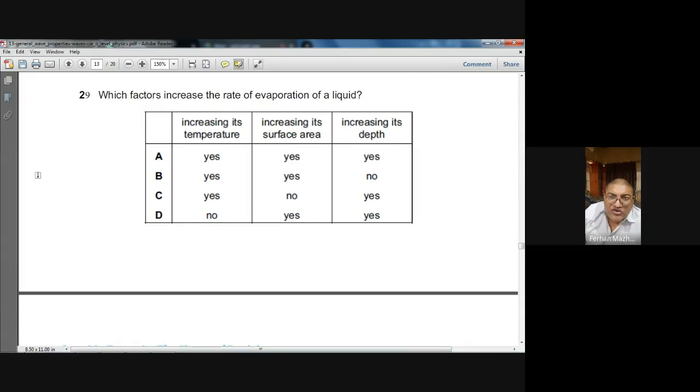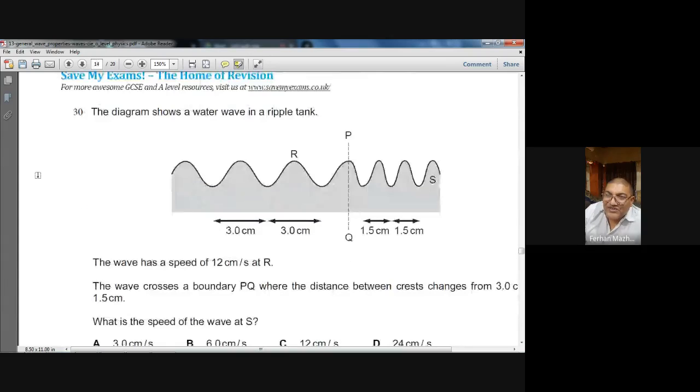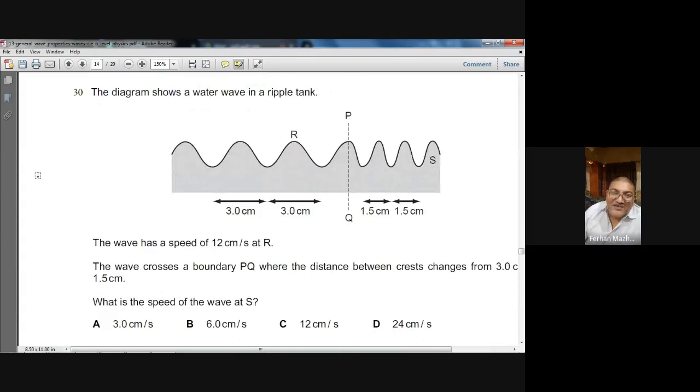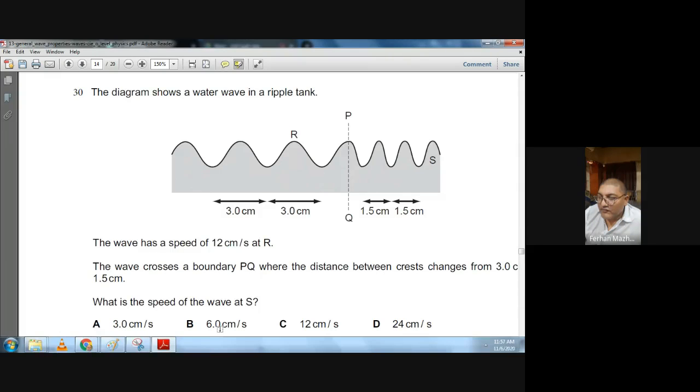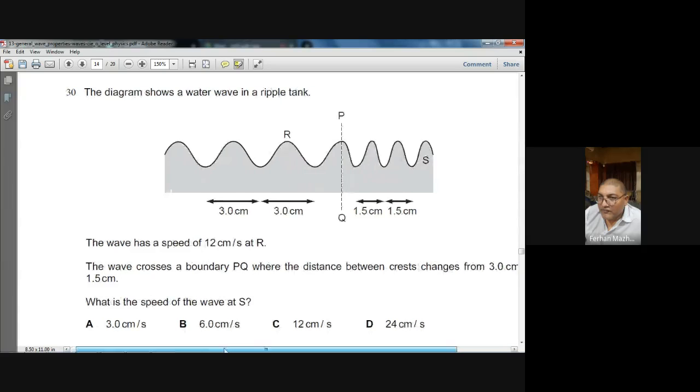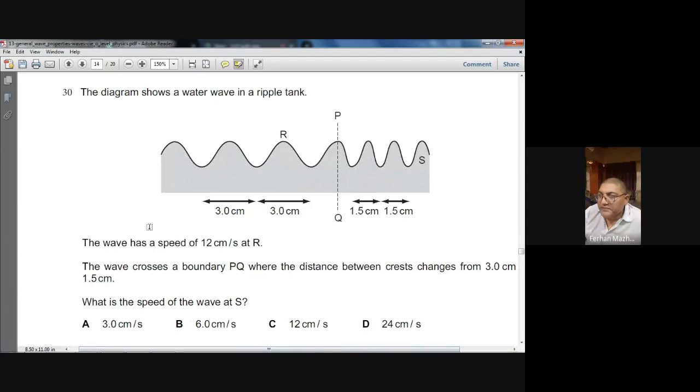This is not a question on the topic of wave. Unfortunately, it is there. I don't know why. The diagram shows a water wave in a ripple tank. The wave has a speed of 12 centimeter per second at R, where the water is deep, and the wave crosses the boundary PQ, where the distance between the crests changes from 3 centimeter to 1.5 centimeter.